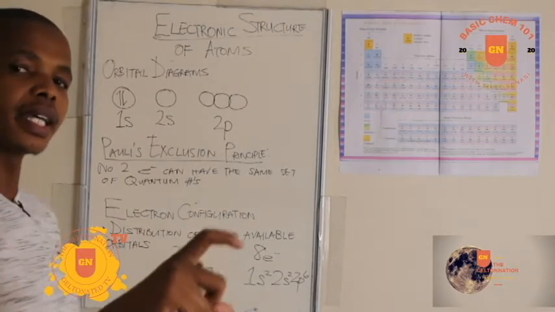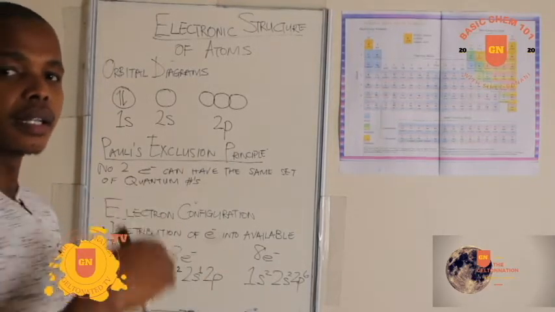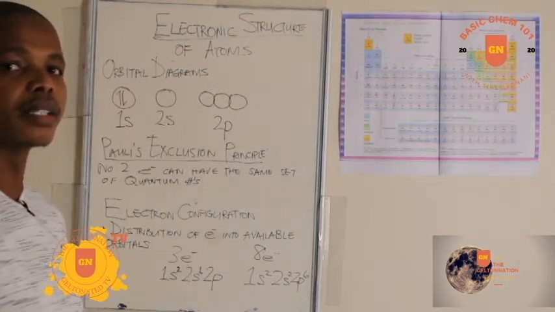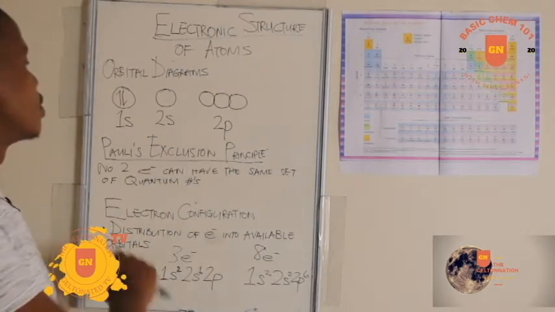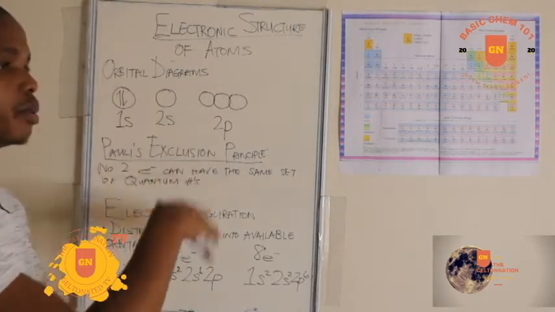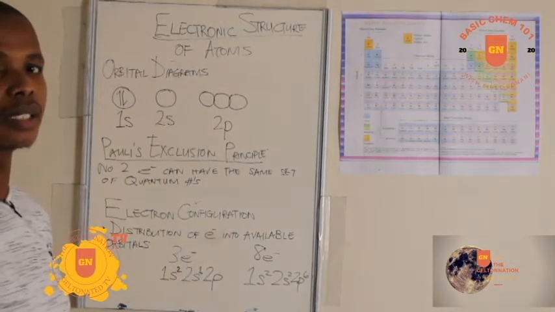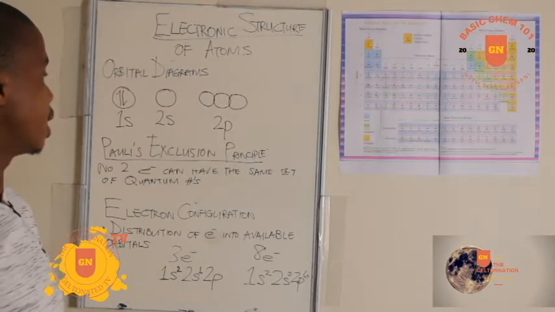So these two electrons do not have the same set of quantum numbers. So you can differentiate between the two, the one that is pointing up or the one that is pointing down, based on the spin.